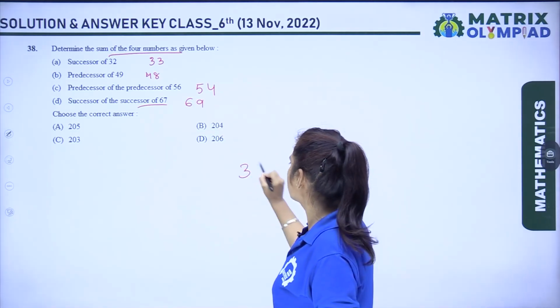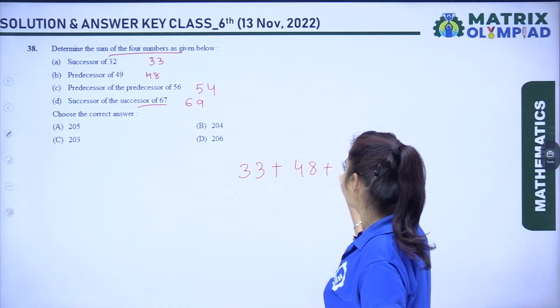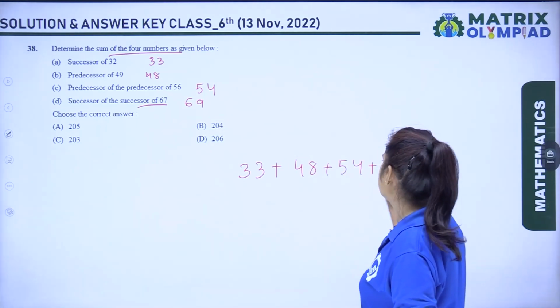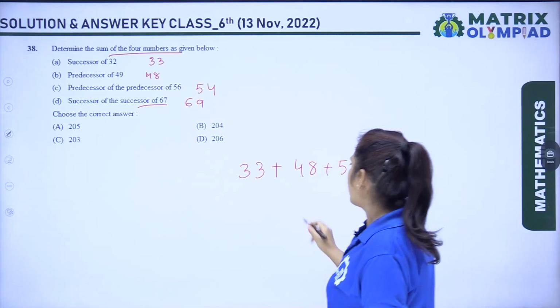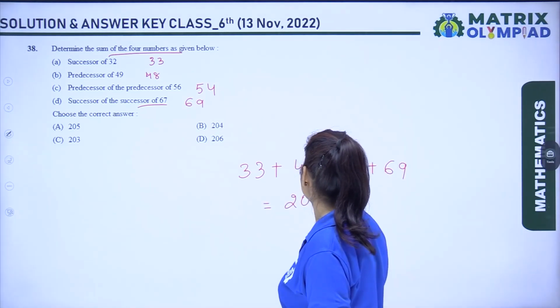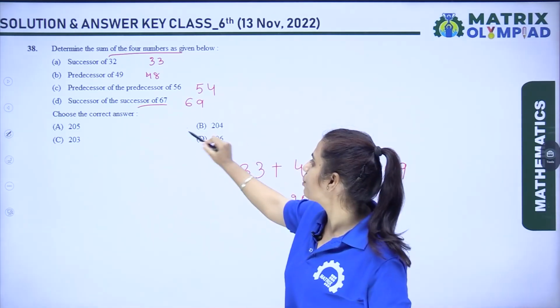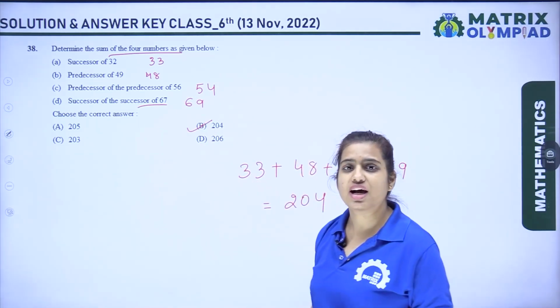Let's calculate 33 plus 48 plus 54 plus 69. After doing the addition, we get 204. So, according to options, we can say that option B is the correct answer.